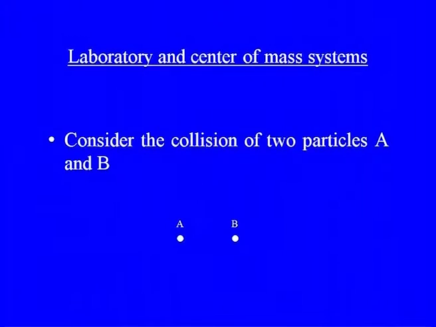Now, as in classical mechanics, we can study this in the lab system and also in the center of mass system. So, what's a lab system? When we consider the collision of two bodies, the lab system is one in which one of the bodies is at rest and the other comes and hits it.